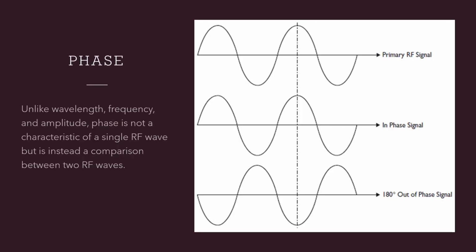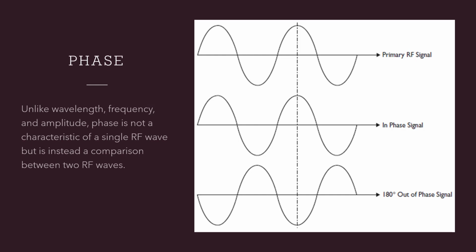The fourth parameter is not directly related to a single wave. We have seen wavelength, frequency and amplitude, which are all related to a single wave. If you are looking at one wave, you can talk about its frequency, its wavelength and its amplitude.